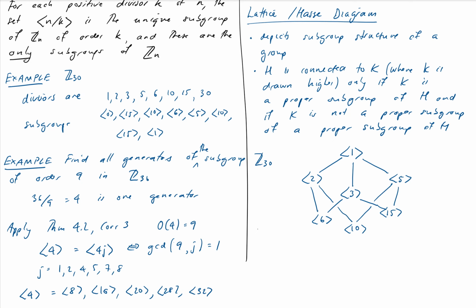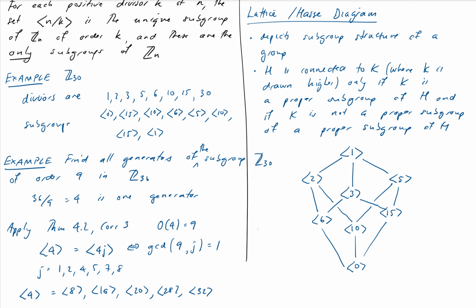Okay, because the cyclic subgroup generated by 2 and by 5 both contain 10. And then finally we have 30, which is 0, which is down here. Okay, so if I'd drawn that a bit nicer, it looks a little bit like a cube kind of thing. A little slightly out of proportion, but it looks like the map for a 3D cube.